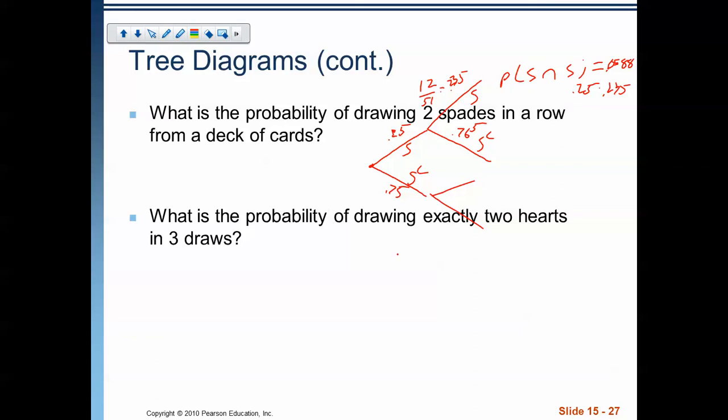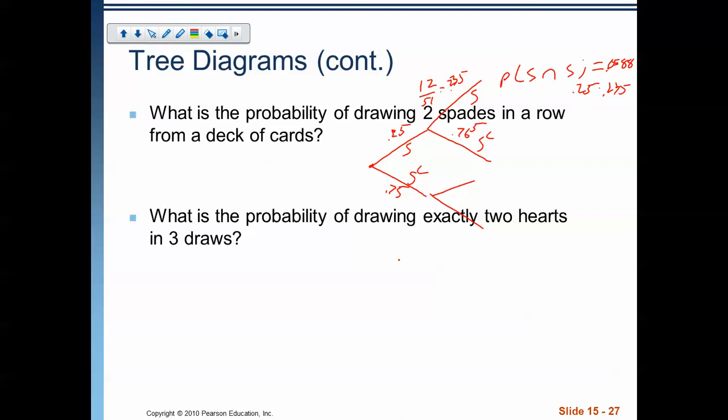That would be, I drew a spade on my first draw, and I drew a not spade on the second draw. This would be spades on the first, spades on the second. This would be no spades on the first, spades on the second. This would be no spades, no spades. And we can find those ones, but I'm not going to.